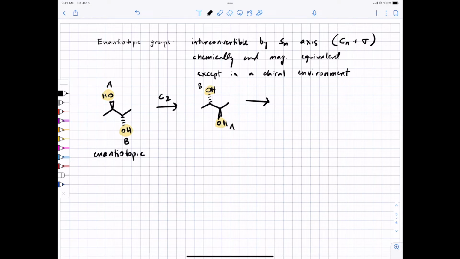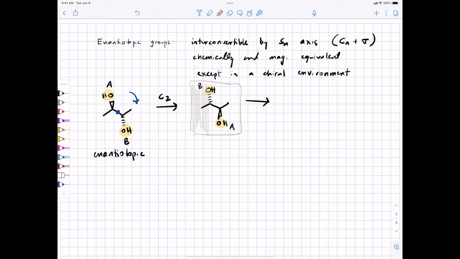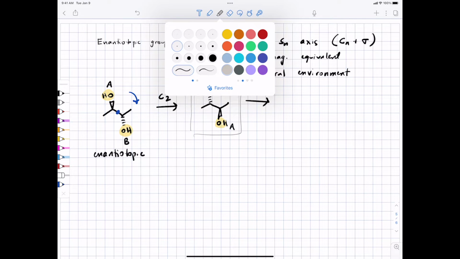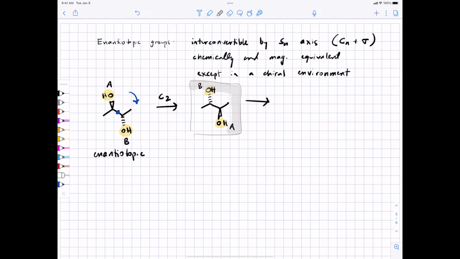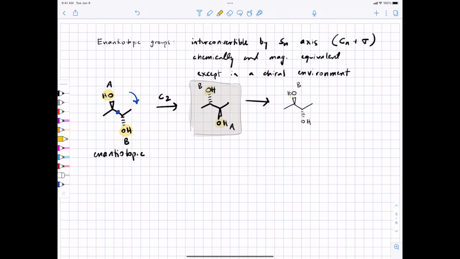That C2 operation, remember, is over this axis, and then the mirror plane is the plane of the page. That mirror plane will bring OHB up above the page and OHA below the page, which interconverts and trades the positions of OHA and OHB.